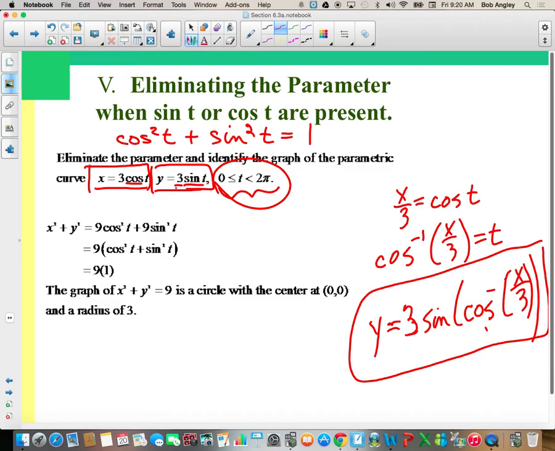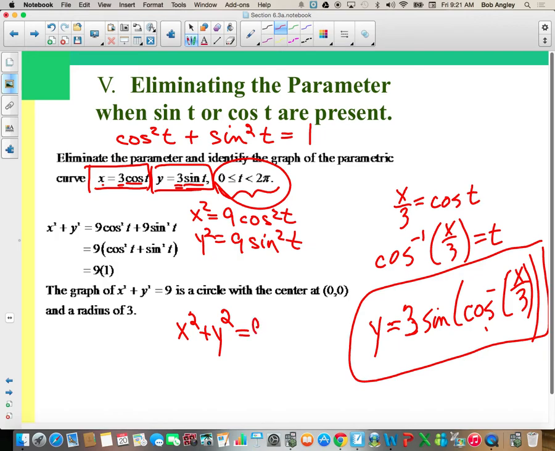If we're going to do this one, every time we see the same two numbers here, we're going to square the x. So x squared will be 9 cosine squared of t, and then y squared will be 9 sine squared of t. We want to write x squared plus y squared, because we recognize that we've got cosine squared and sine squared.